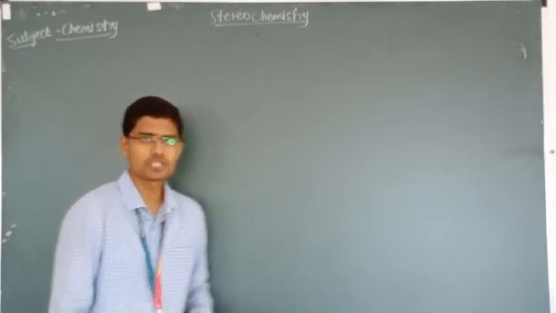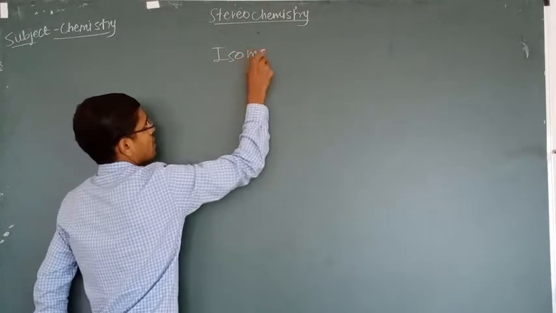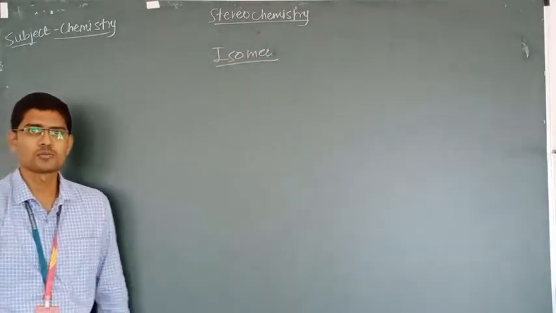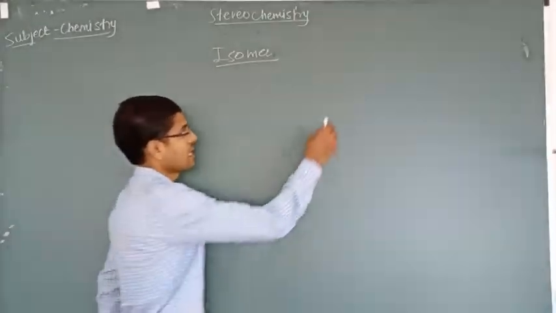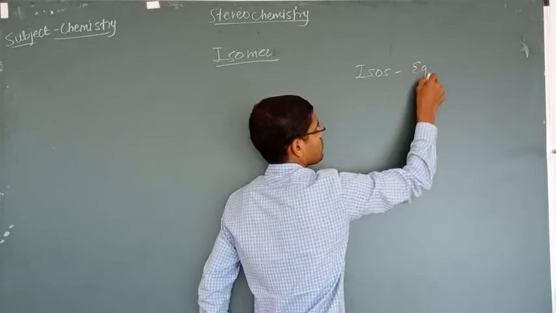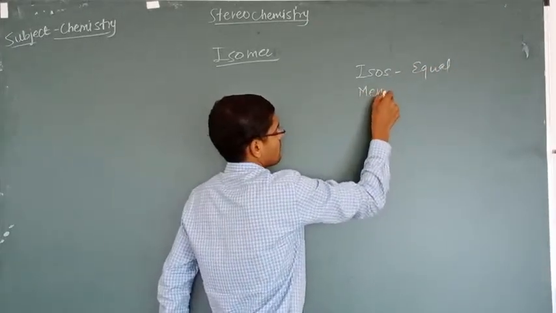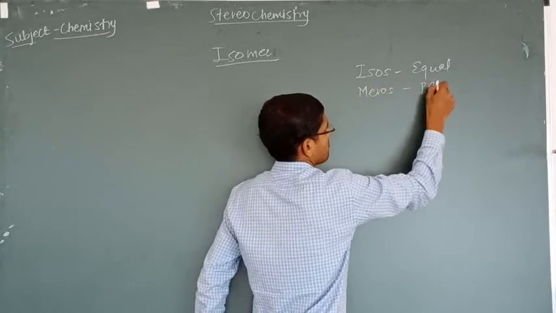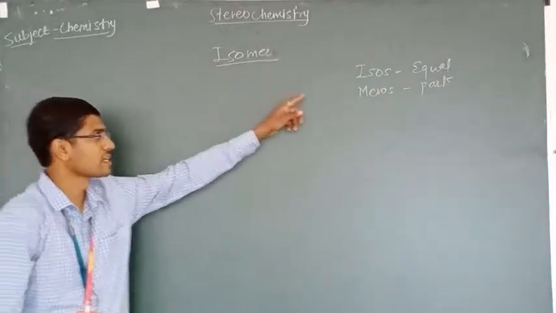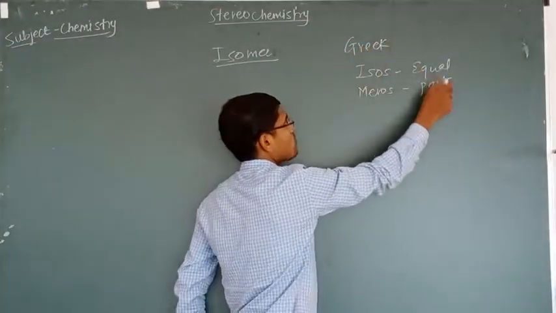The first word that comes into consideration is isomer or isomers. What are isomers? It is derived from the Greek language. Isos means equal and eros means parts. So isomers, from the Greek language, means equal parts.